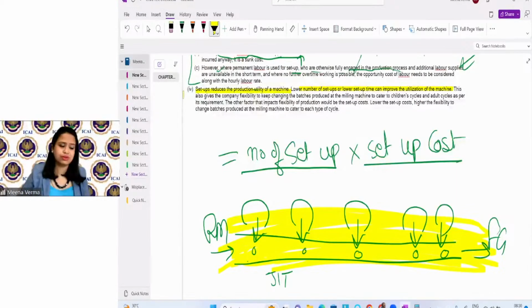No setup at all. But yes, when you reduce the number of setups, you are using the machine in a better way. So setup reduction can improve the utilization of machine. Okay. So accordingly, you can answer the question.